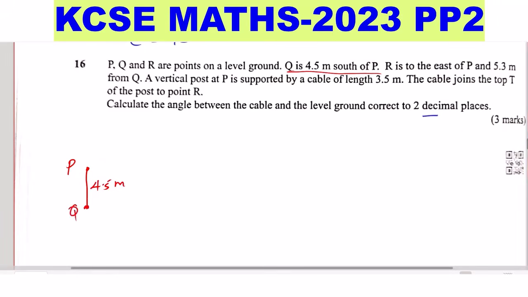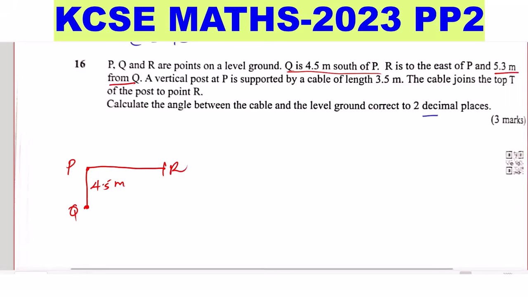Then R is to the east of P, like that. So assume that R is there, the east of P, and 5.3 meters from Q. So from Q, this distance here is 5.3 meters.